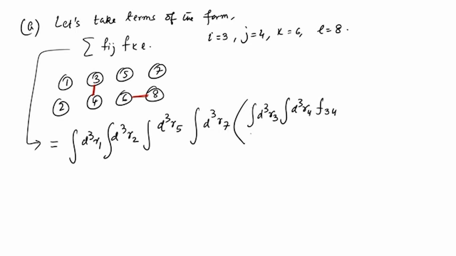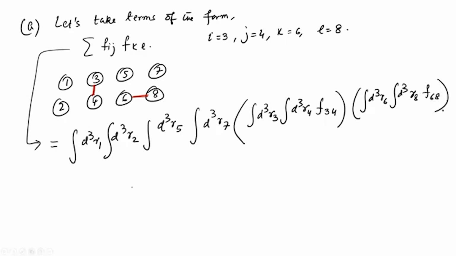Now, these are not independent integrals anymore, because there is an f₃₄ which connects the coordinates 3 and 4, and also 6 and 8 are connected as well. So, this is d³r₈ f₆₈.